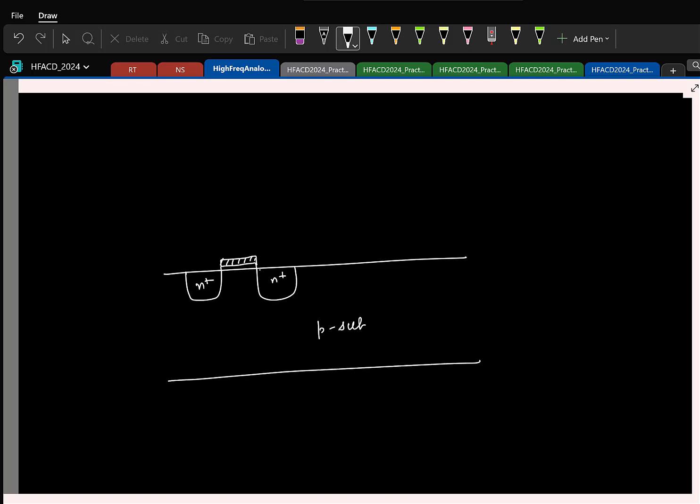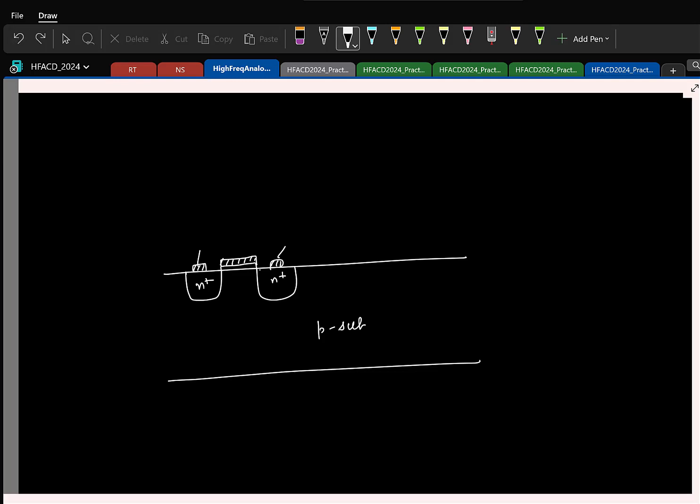And of course, one of them is source, the other is drain. To make contact with the source or drain, you again put metal contacts and then take out. This is NMOS. I always say this looks like a cool robot. But anyways, so this is with NMOS.